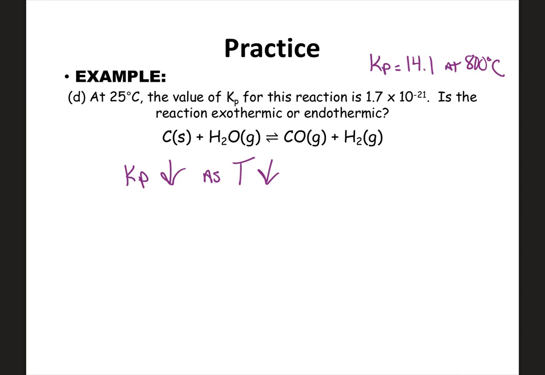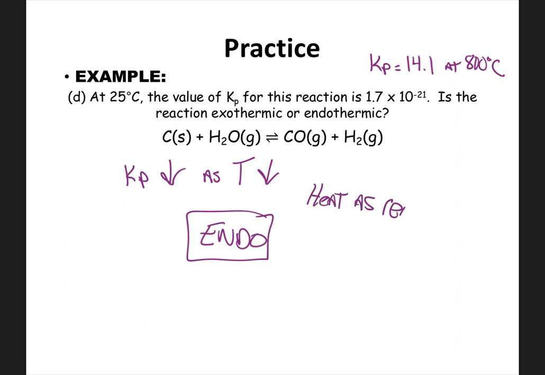So if there's more reactants present now because you have a lower Kp, that means the reaction shifted to the reactants to generate more heat. If it's shifting to the reactants to generate more heat, that must mean heat is a reactant. Therefore, this reaction is going to be endothermic. Essentially it's shifting to the side with the heat, and the heat is a reactant here. So that must make this endothermic.